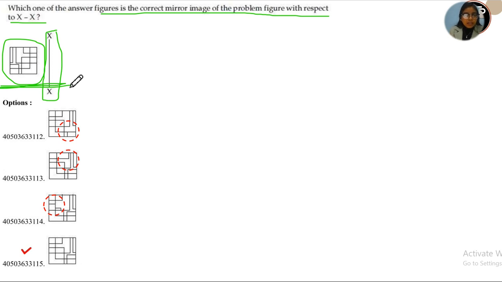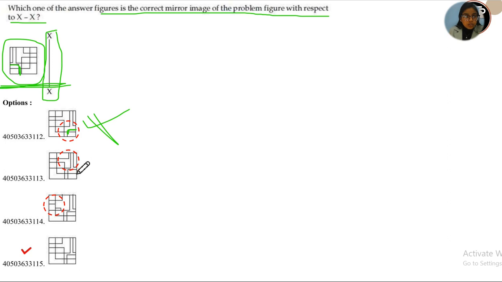To find the mirror image, look at option A. We have eliminated this option because in its mirror image you would have this line, but they have not drawn this line over here, so option A is wrong.